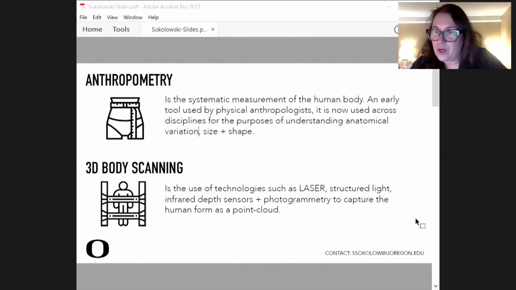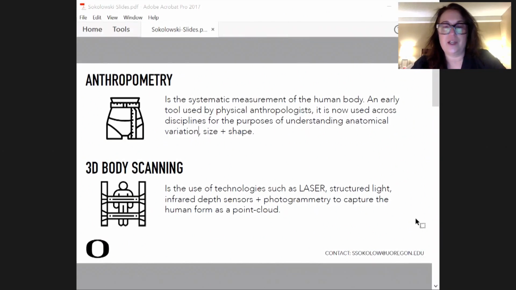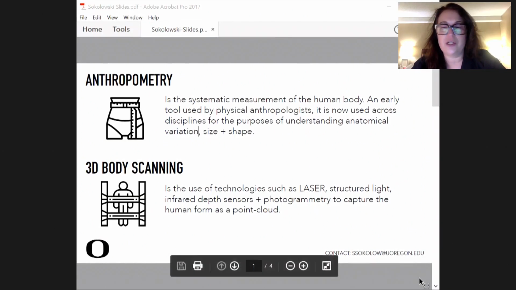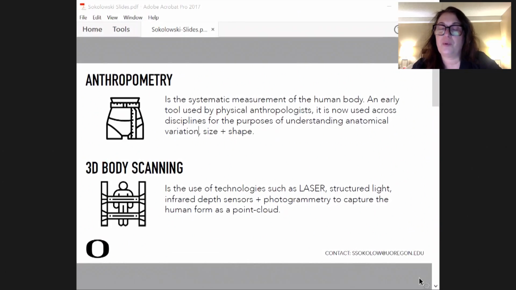What's unique about my work is that to gather those measurements, I use what is called 3D scanning technologies, such as laser, structured light, infrared depth sensors, photogrammetry, to capture human form as a point cloud to collect anthropometric data to develop blueprints for product development.